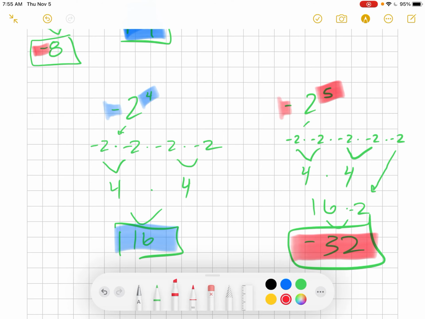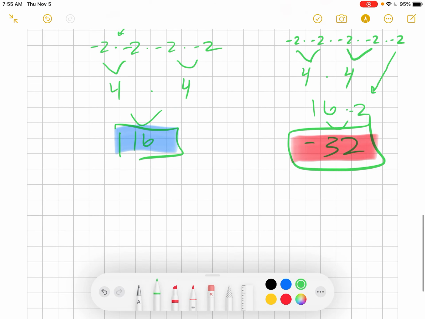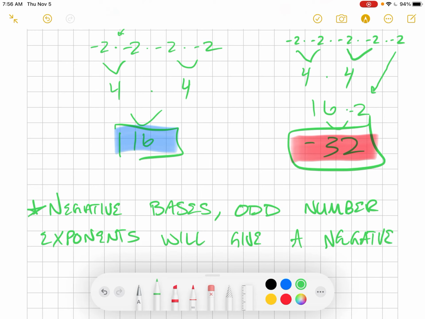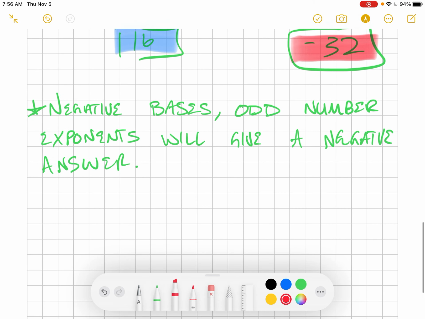And so the pattern that we see here that we need to note is that with negative bases, odd number exponents will give a negative answer. Odd number exponents, okay?